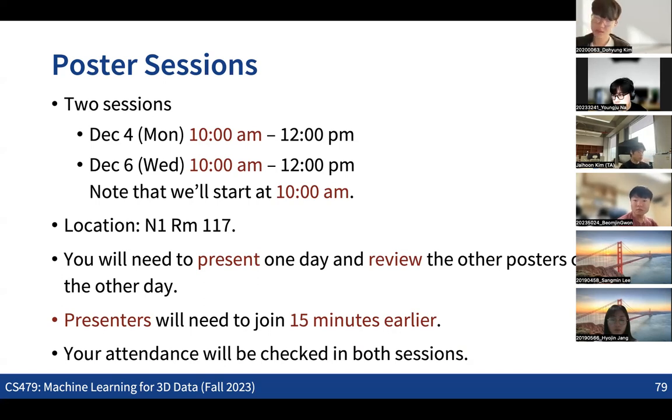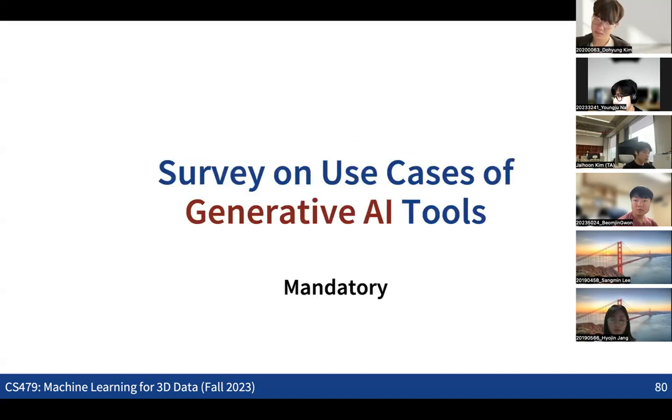And at the end of this class, I'd like to ask you to participate in two surveys. The first survey is about the use cases of generative AI tools. As I mentioned multiple times, we strongly encourage you to use all the generative AI tools like ChatGPT and Copilot for everything: writing reports, assignments, and projects.